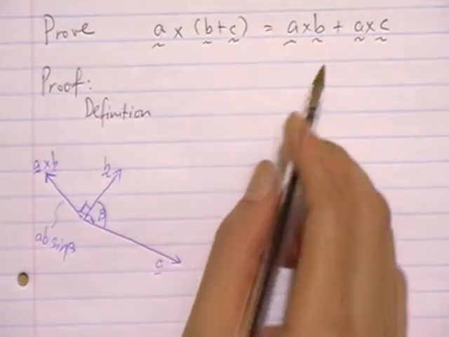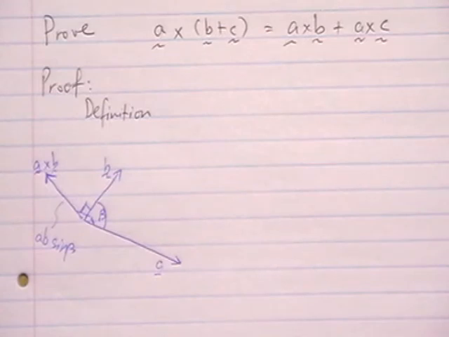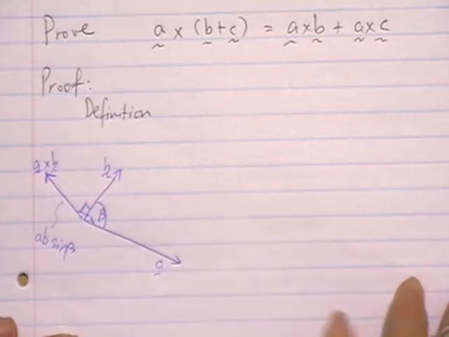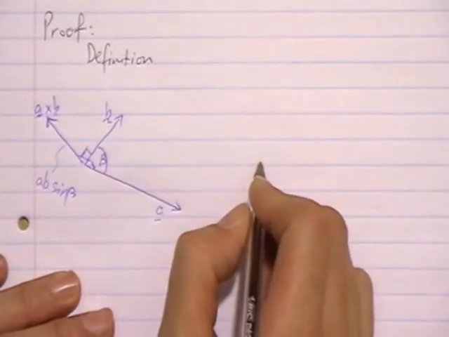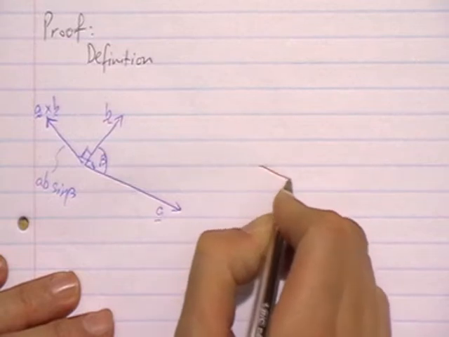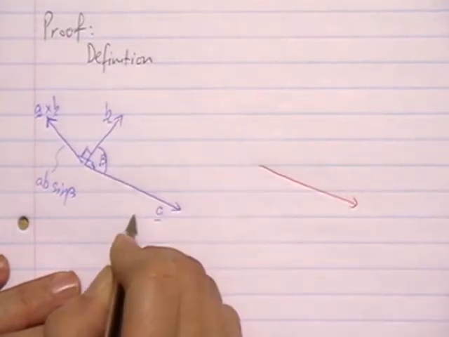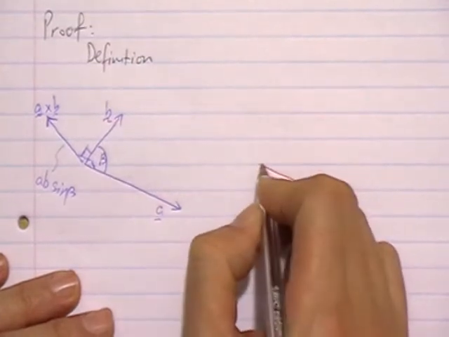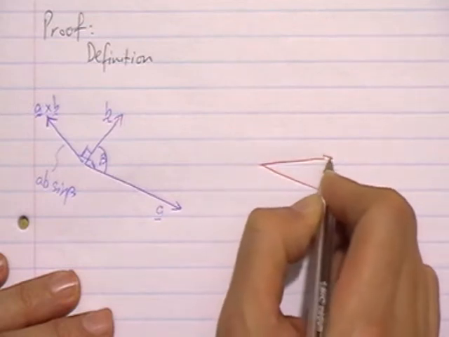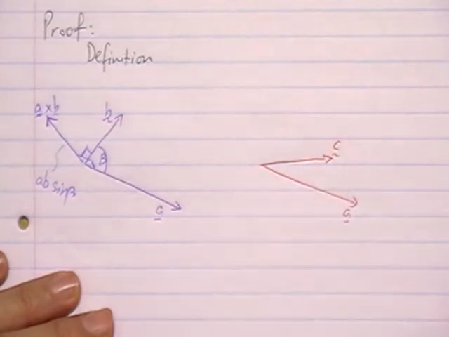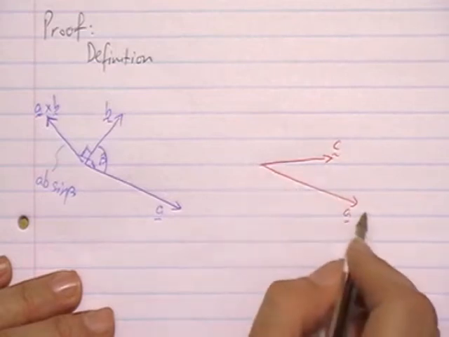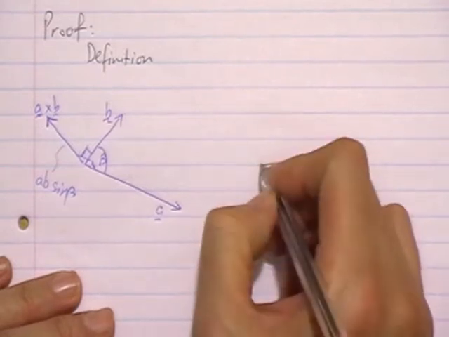Next, I shall try and sketch the definition of A cross C. So suppose that this is A again, the same A as that. And now suppose that C is this vector. Then A cross C must be perpendicular to both vectors.